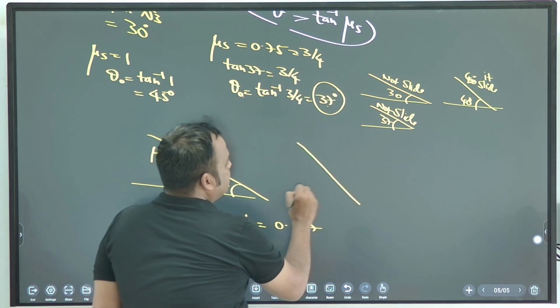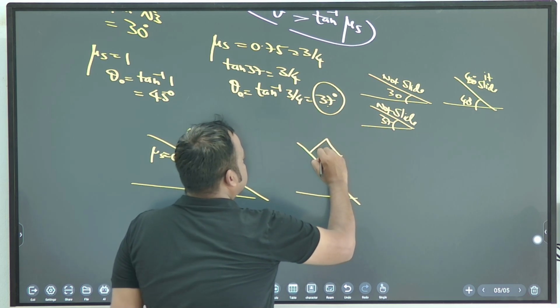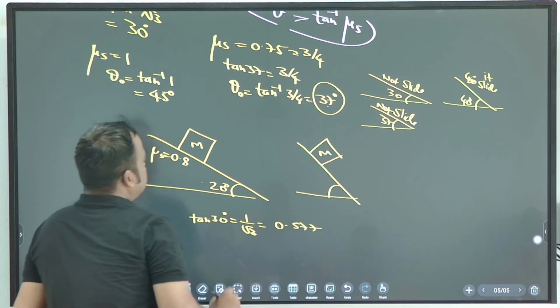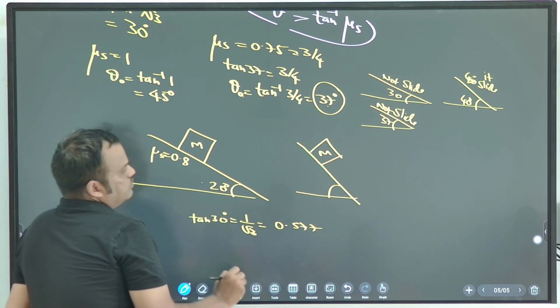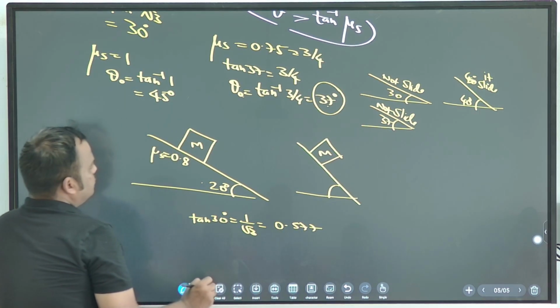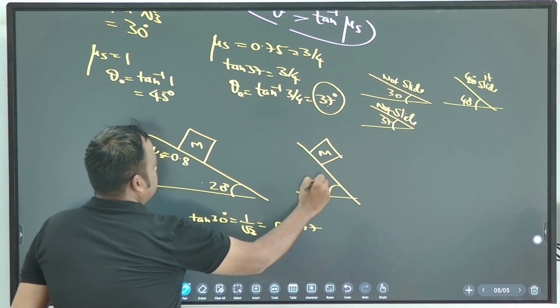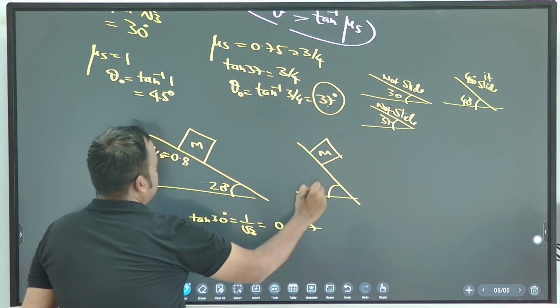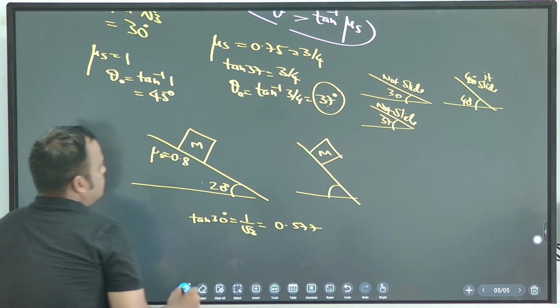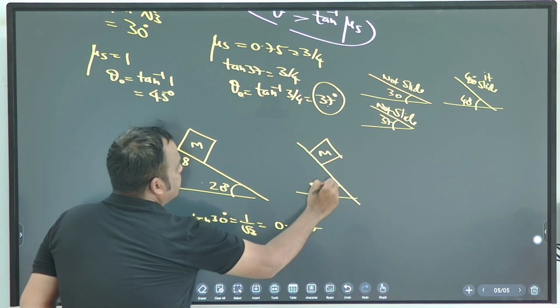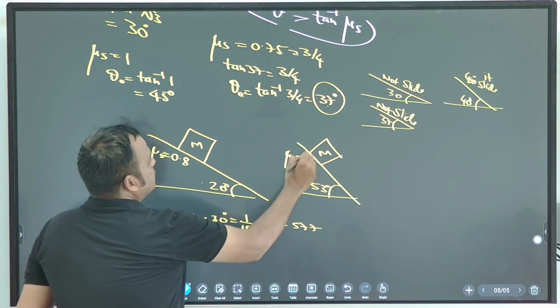If I increase this angle to 53 degrees, tell me, will the block slide or not?